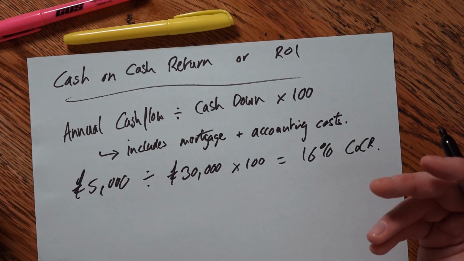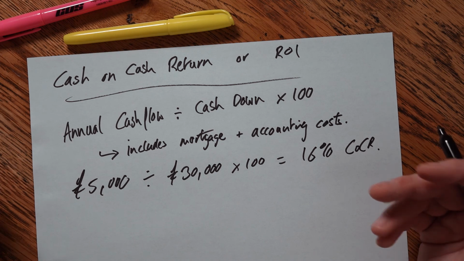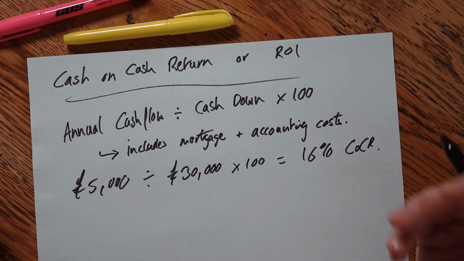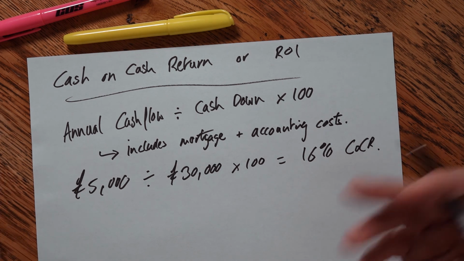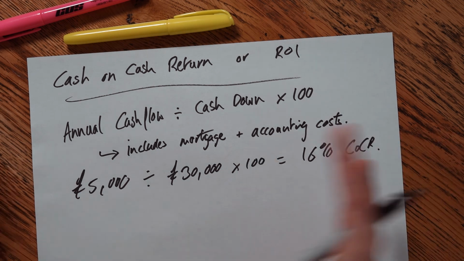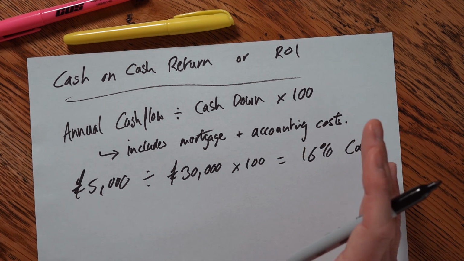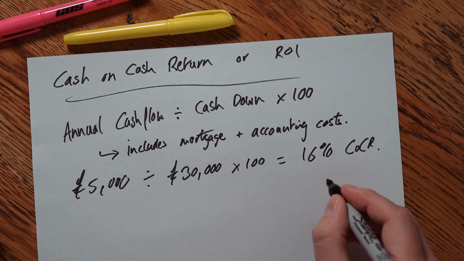This is the ultimate calculation that you want to be using as a deeper dive if your property's passed the other calculations. And this is going to actually tell you how much money you're making based on your cash outlay and how much cash you're going to get back after all expenses, after all the costs and mortgages and all of those types of things. This is how much money you're getting back in your pocket expressed as a percentage.